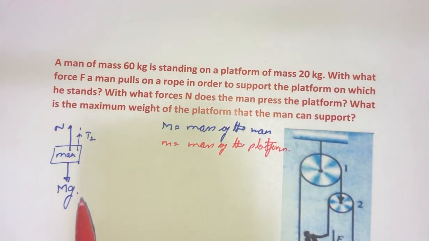So we can write the equation with respect to all the forces, and it is not given that there is some kind of acceleration in it, so it means it is in equilibrium.